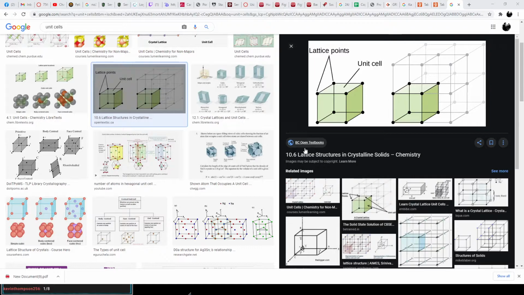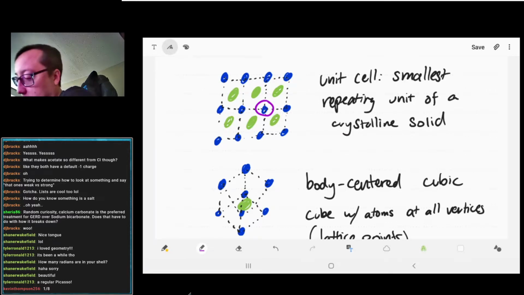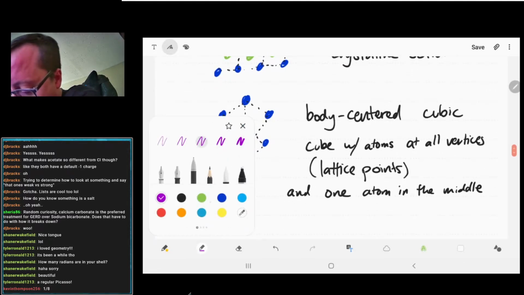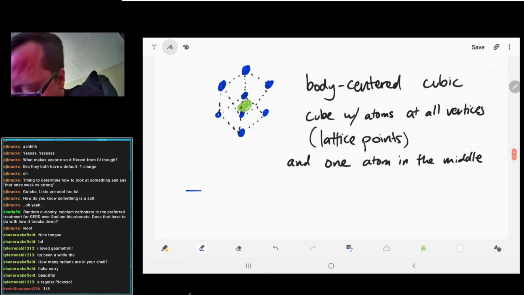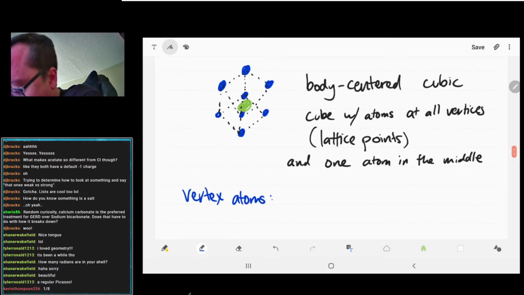And so since all these cells are going to be the same, that atom is going to have 1/8 of its total volume within that unit cell. So vertex atoms, they're going to have 1/8 per unit cell.